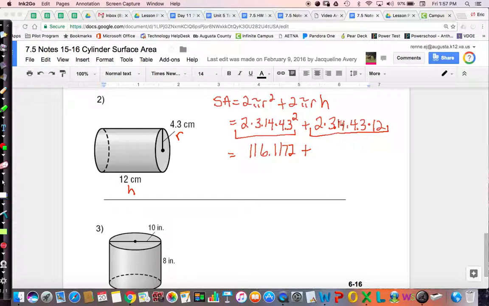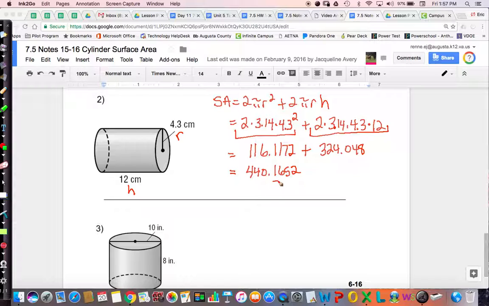Plus, and I'm going to type this part into my calculator just the way it is, and I get 324 and 48 thousandths. And notice I didn't round. I'm not going to round until I get to my final answer. So I'm going to add those together, and I get 440 and 1,652 10,000ths.